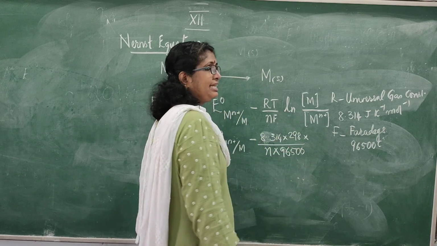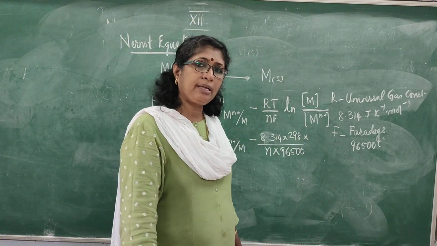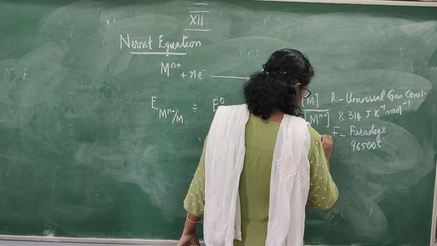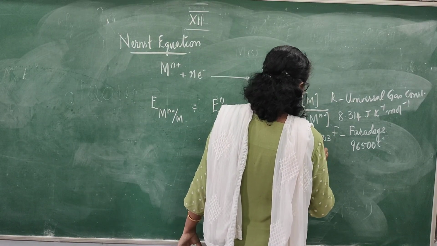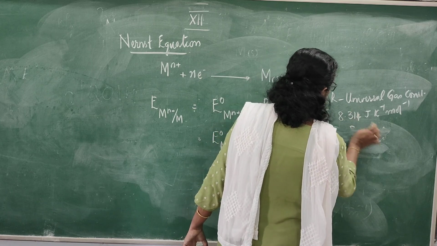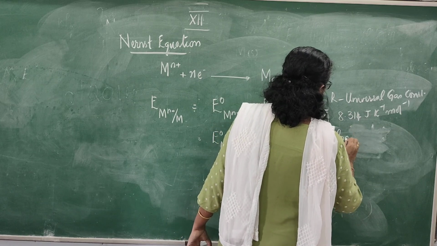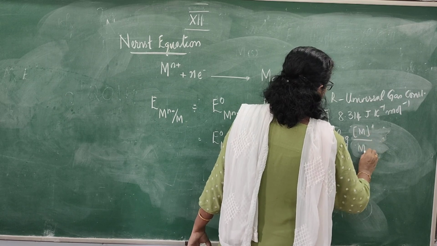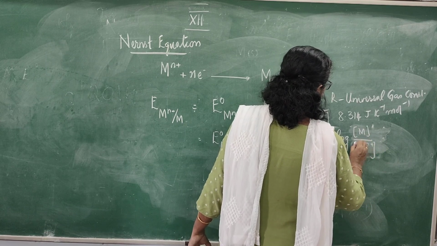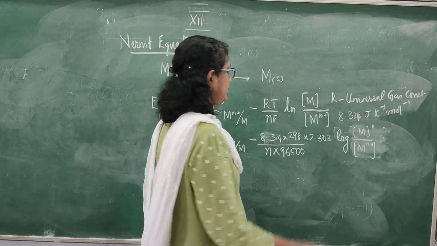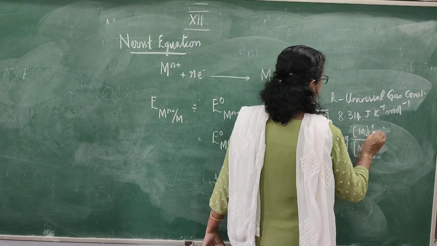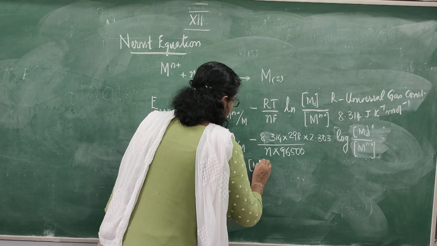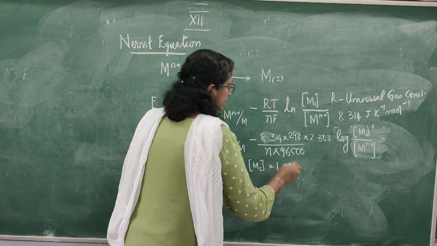To convert logarithm to the base e to the logarithm base 10, we multiply it with 2.303. Now, the molar concentration of M solid is always taken as unity, as 1.